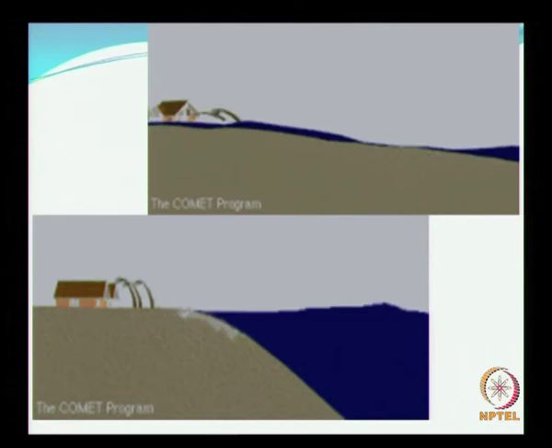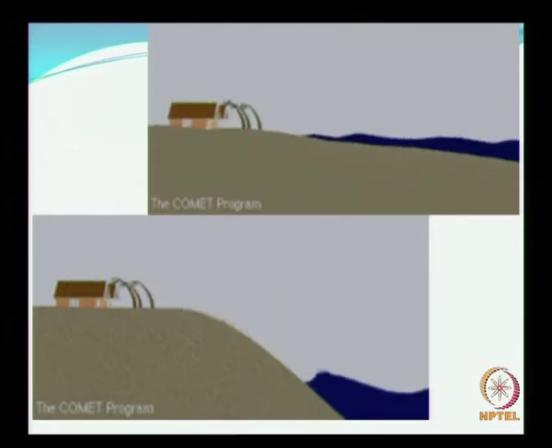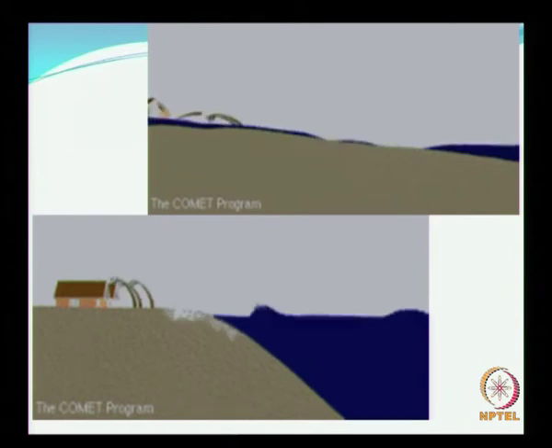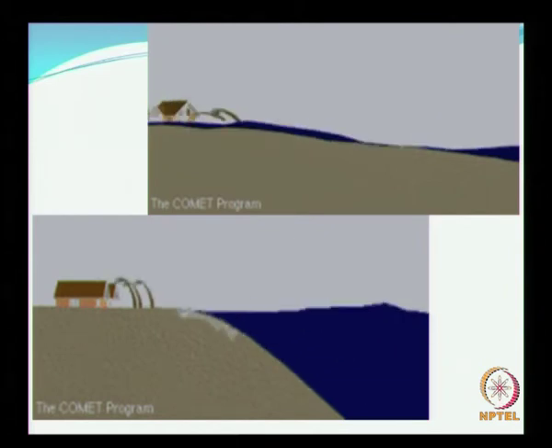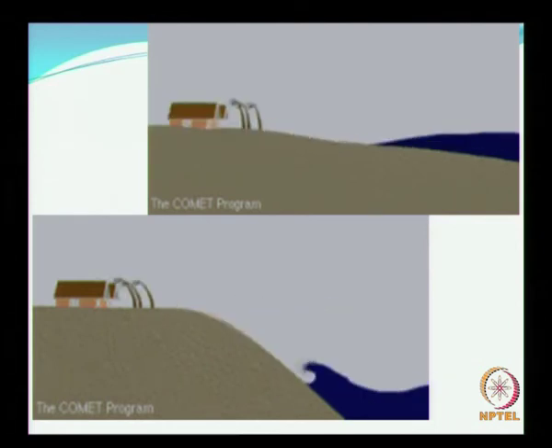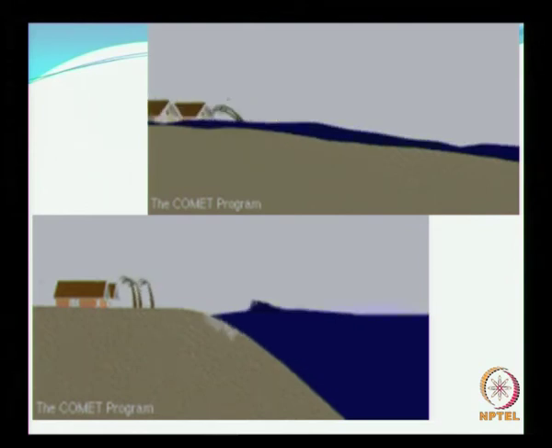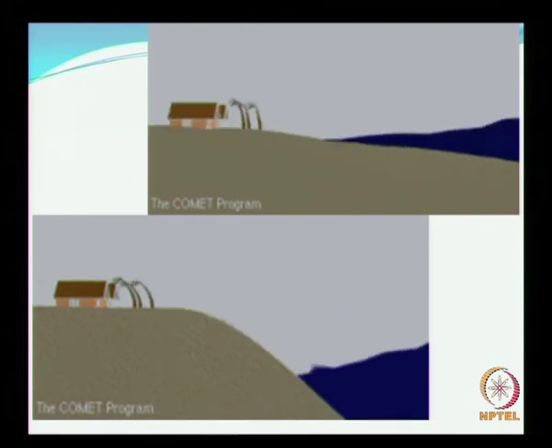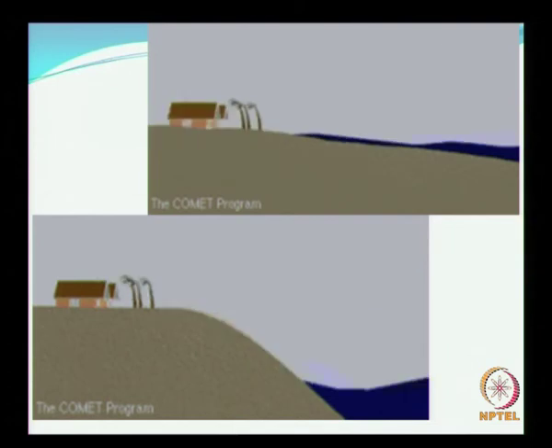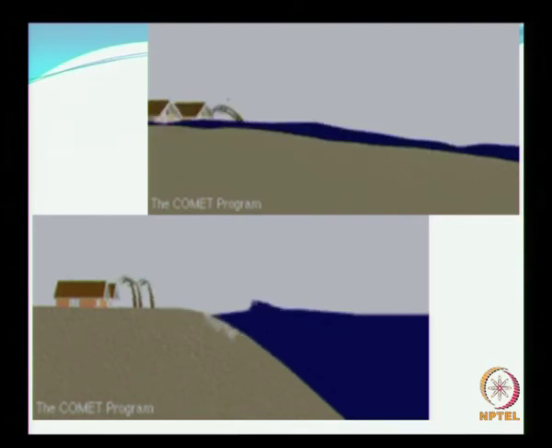When you look at this picture, this animation clearly shows what happens when you have a flat beach and a steep beach. A flat beach is vulnerable to damage. If you have a coastal hazard like a tsunami, the water will simply move in.